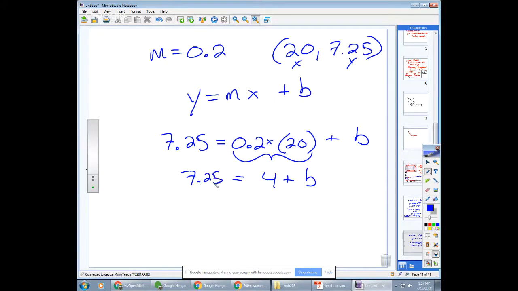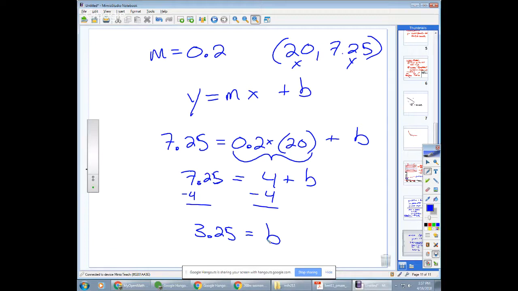This time it's not too bad. Next step should be to do what? Subtract 4. And we got the same number we found earlier, 3.25, for the Y-intercept. So once I have that, I can state my complete model. I can say, oh, it's 0.2 times x plus 3.25.